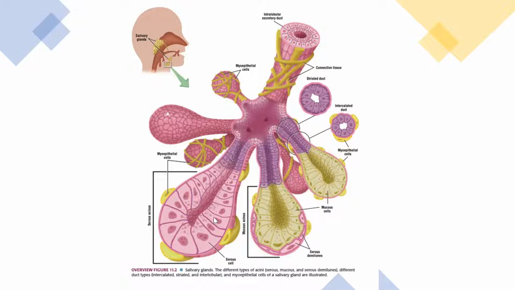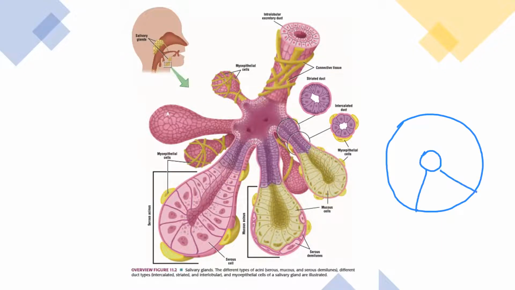In this picture, you can see serous and mucous acini. Acinus, and the plural of acinus, which is acini, are groups of cells which come together and make a cluster. Here is a cluster of cells.